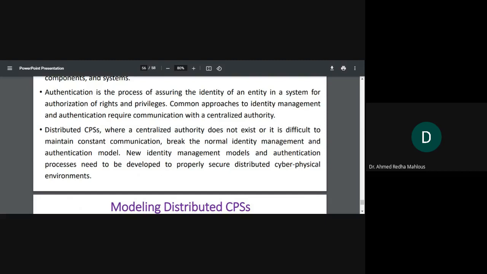accessing those devices, and you might find people who will break the authentication procedures to access some CPS devices. As a challenge, it is difficult to have a new identity management model that will authenticate people, processes, and systems where you have a distributed cyber physical environment.